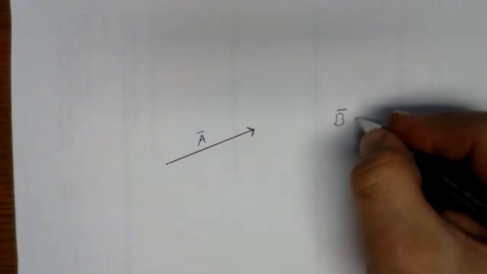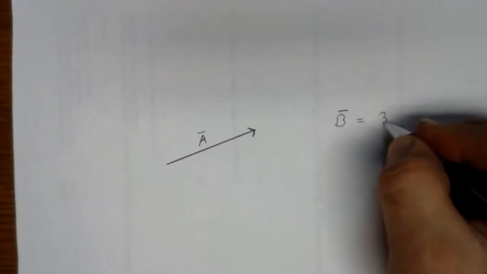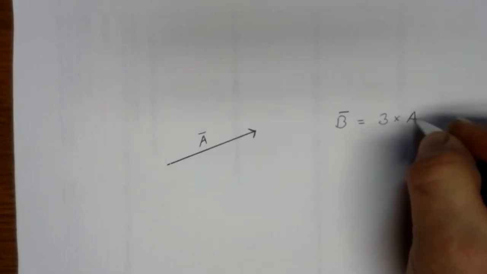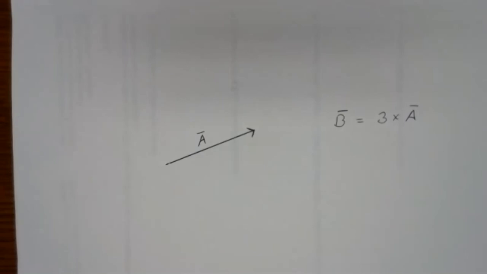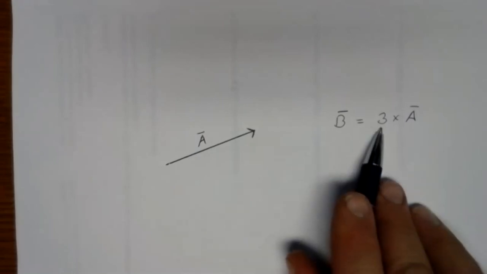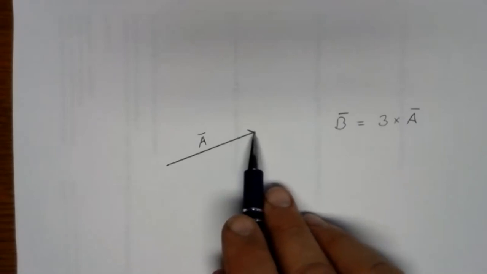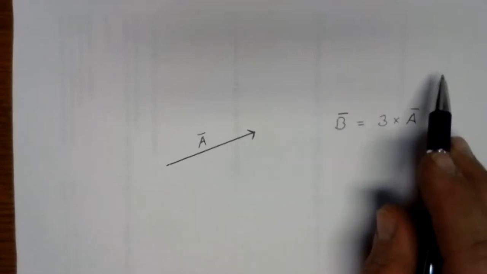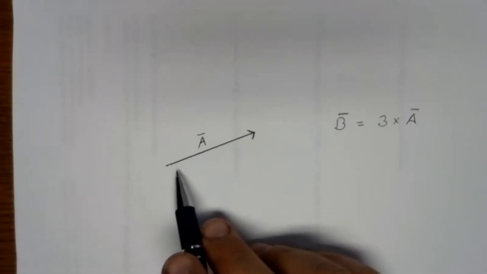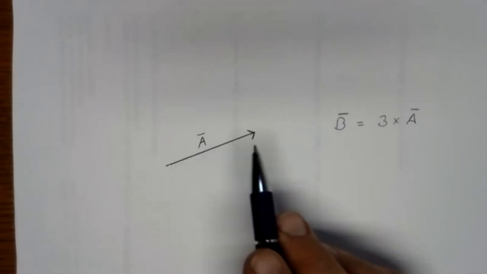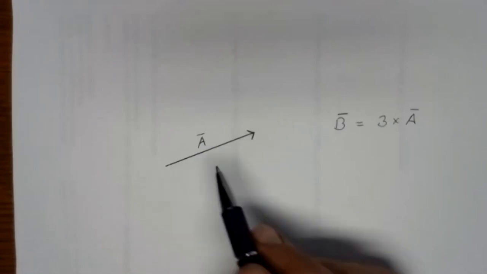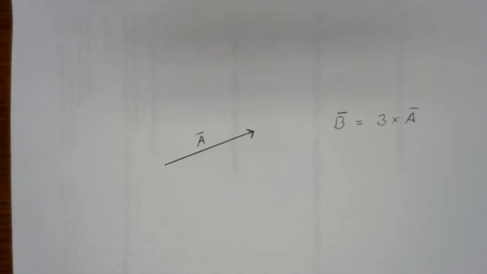So vector B is going to be 3 times vector A. Well, the scalar 3 will just make this vector A 3 times longer. So I'm going to end up with a vector that is in the same direction, but 3 times longer.